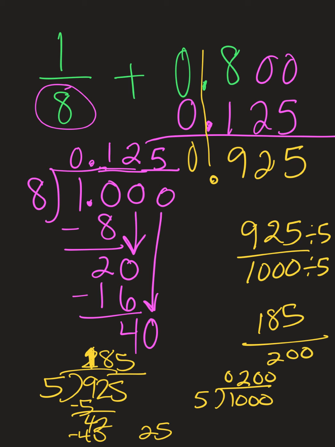Now I can still simplify this, so I'm going to simplify by 5 again. 185 divided by 5. Clear some space for myself.